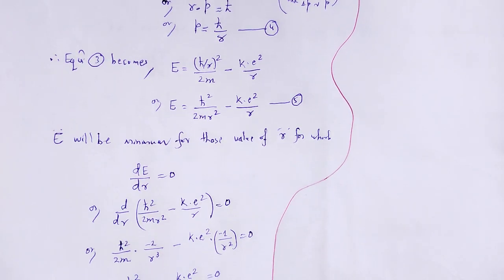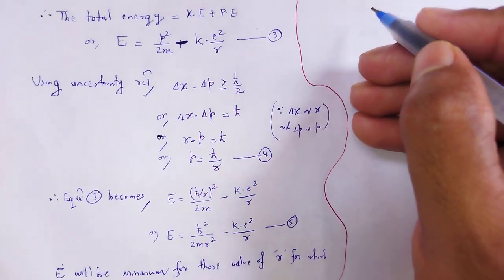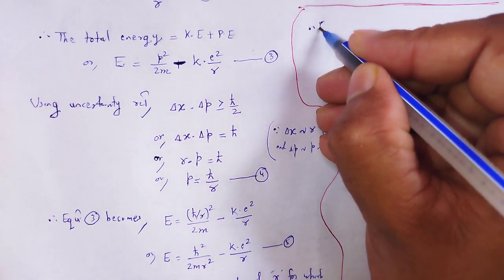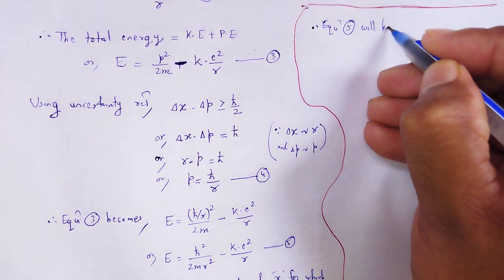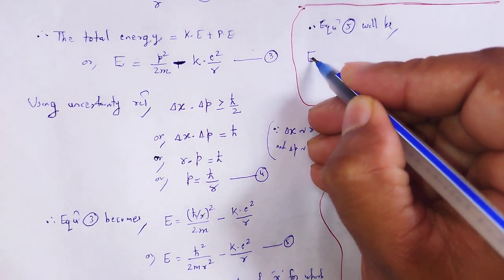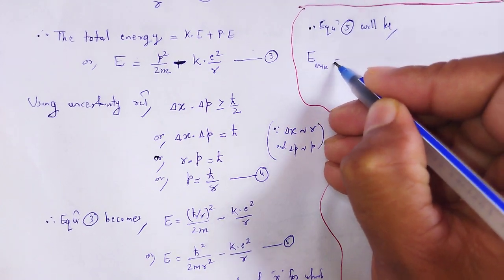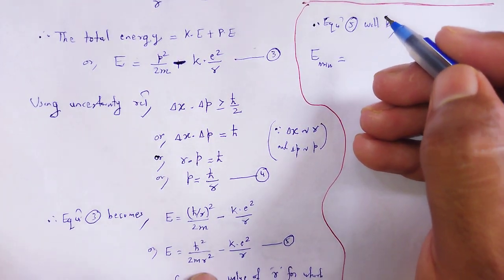We write here, putting the value of r, equation 5 will give E minimum when we put the value of r here.